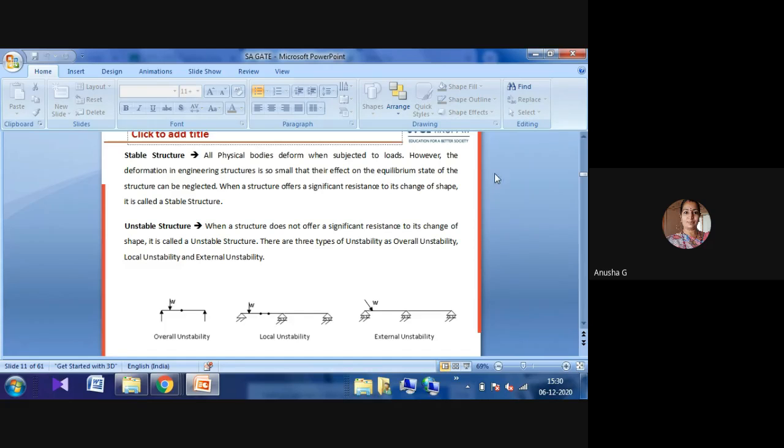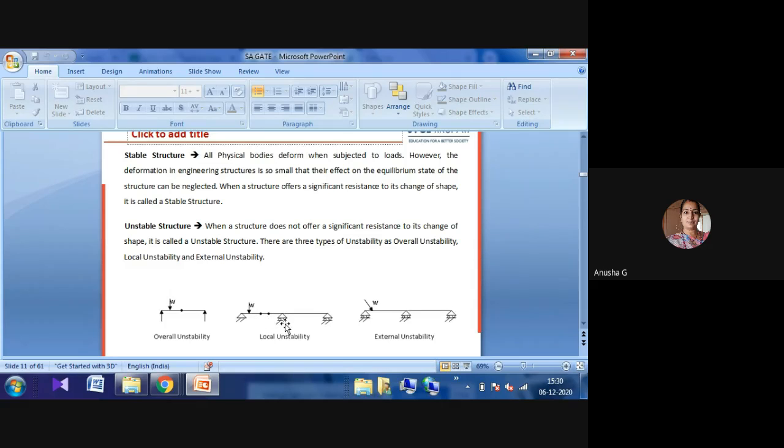Here, if you observe the diagrams, these are the three types of unstable structure diagrams. The first one is overall instability. That is, there will be two supports, but the load is acting at one end. Automatically, the total building, the total frame, will have overall instability. Local instability is where there are three joints or a continuous beam.